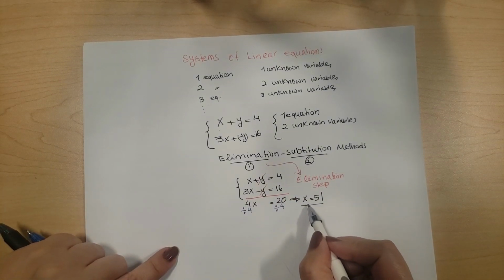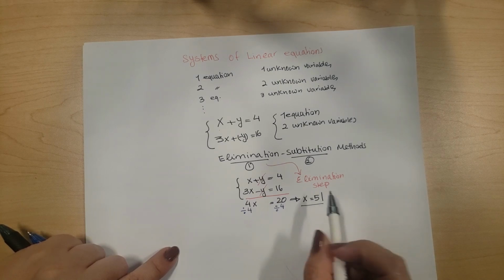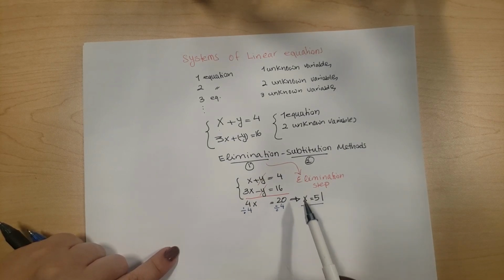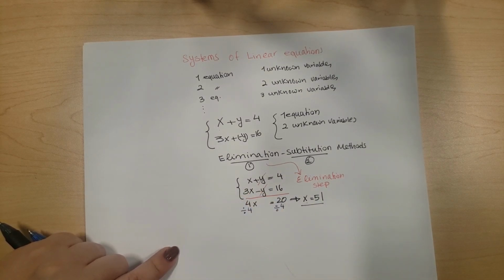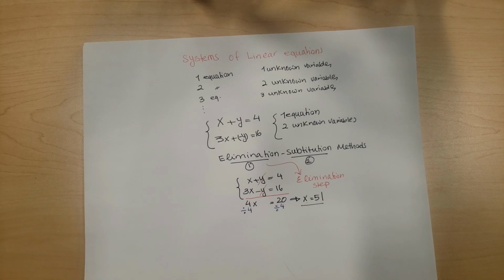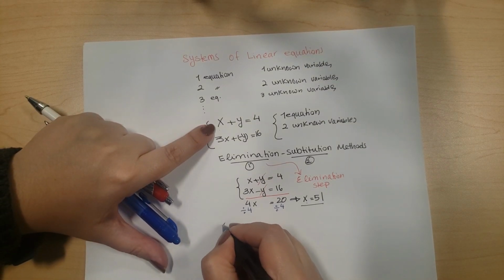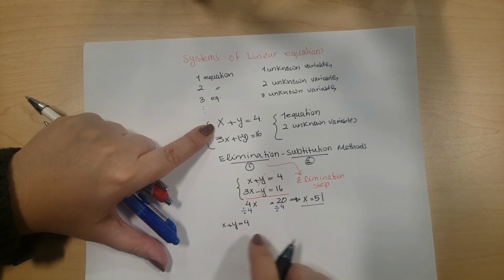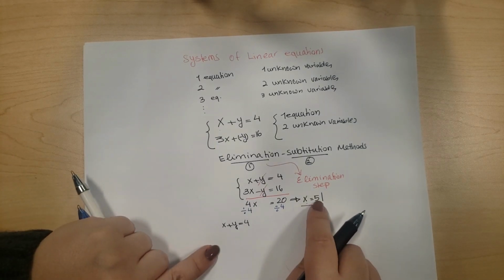I ended up finding one of the unknown variables. The second step is substitution. I found the value of x, so now I can substitute the value of x in either of these equations and find the value for y. Let's say I select the first equation, x plus y equals 4, and I substitute x as 5.